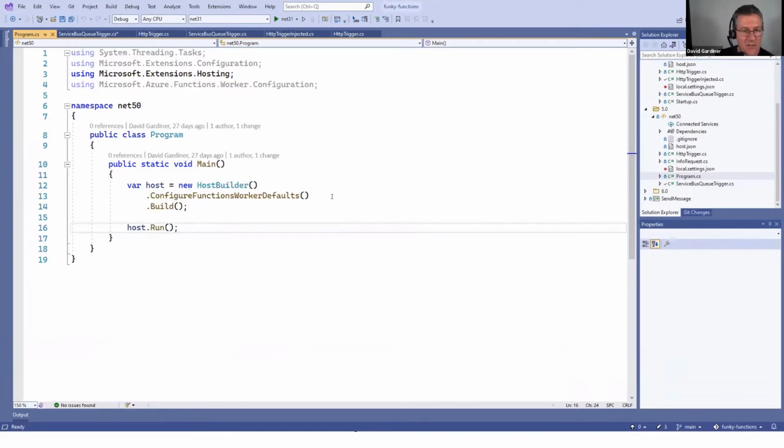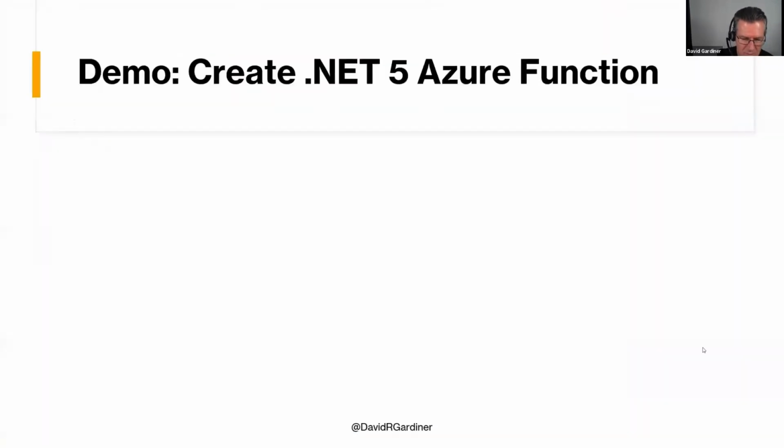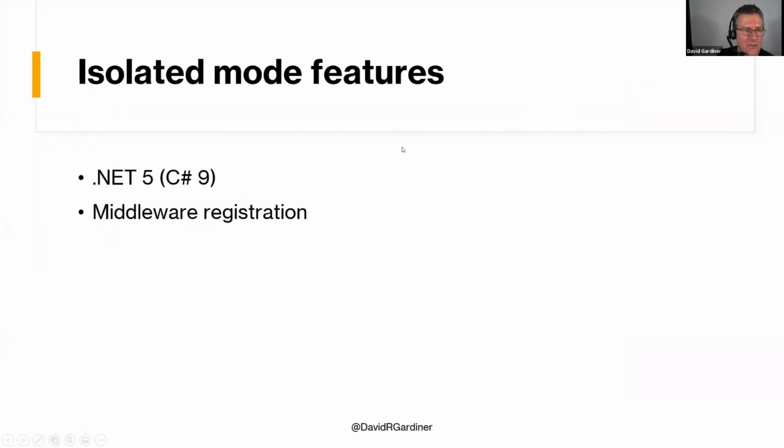We can add any other sort of middleware that we want to add in here, in a similar way to what we would have done with other kinds of applications. So that's a nicer way of working, I think, a bit more familiar. So yeah, it's a different way of working, but does enable us to use .NET 5.